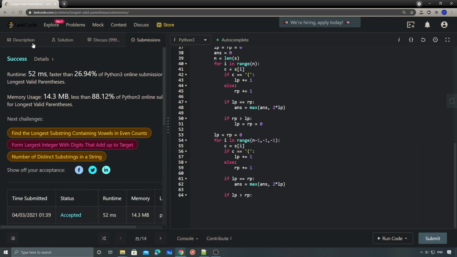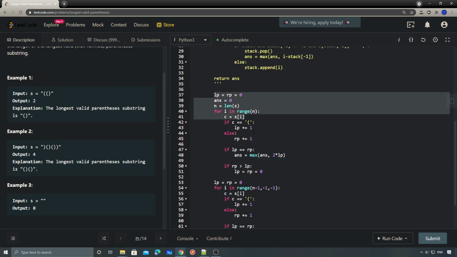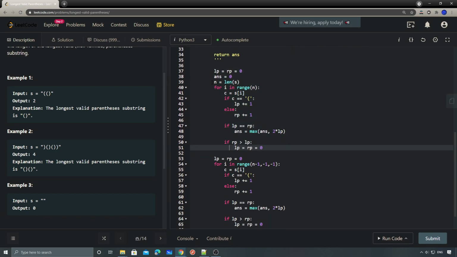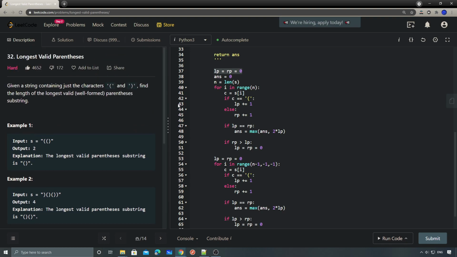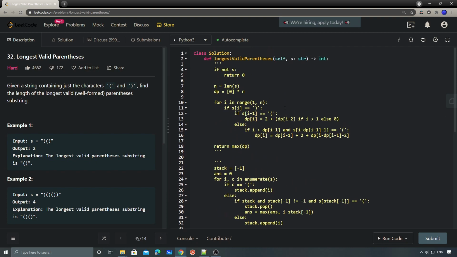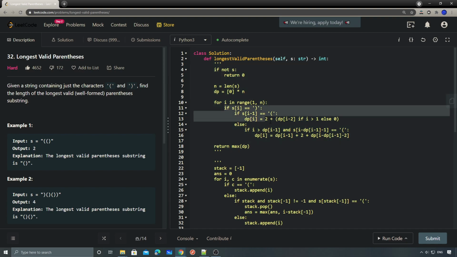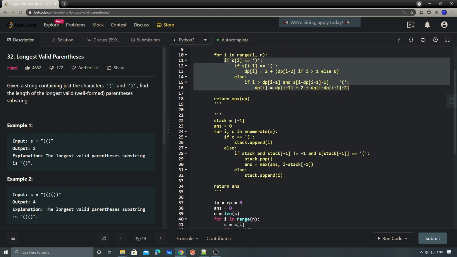For the last solution, we only have 2 for loops, so time is still O of n, but space is O of 1, since we're only maintaining 2 variables here. I think that's everything. For this problem, we introduced 3 solutions. The DP one is a little bit tricky because there are a bunch of scenarios you have to consider.